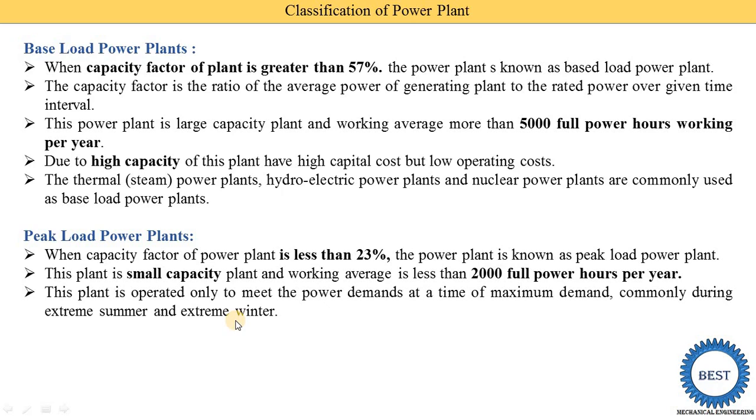Our power plants are not capable of supplying above the average demand, so we need to start a few power plants designed only for the peak load. At that time this peak load power plant is started.